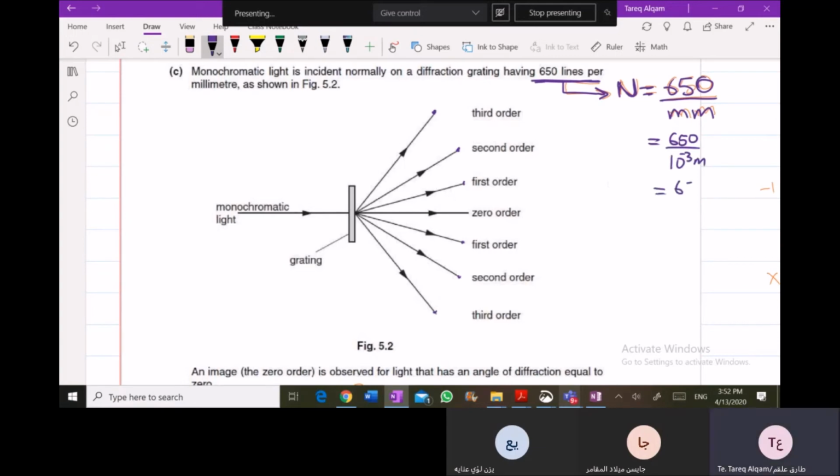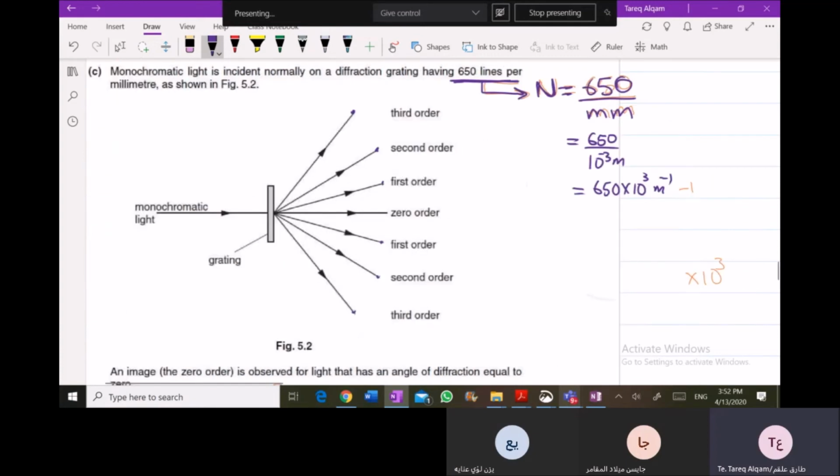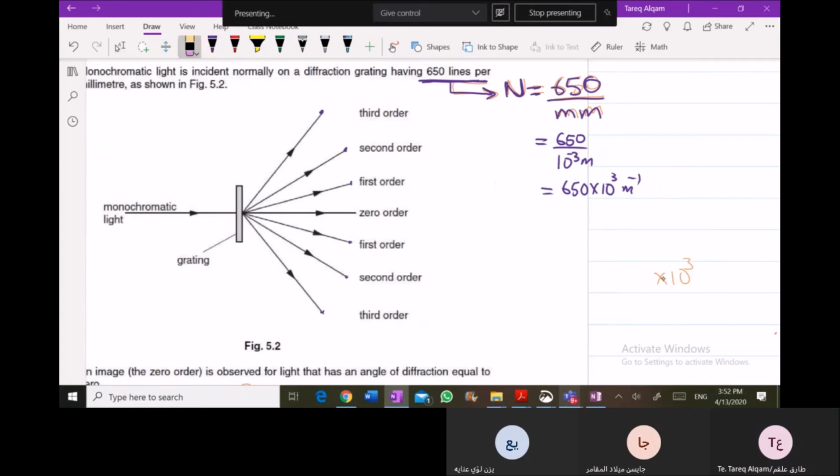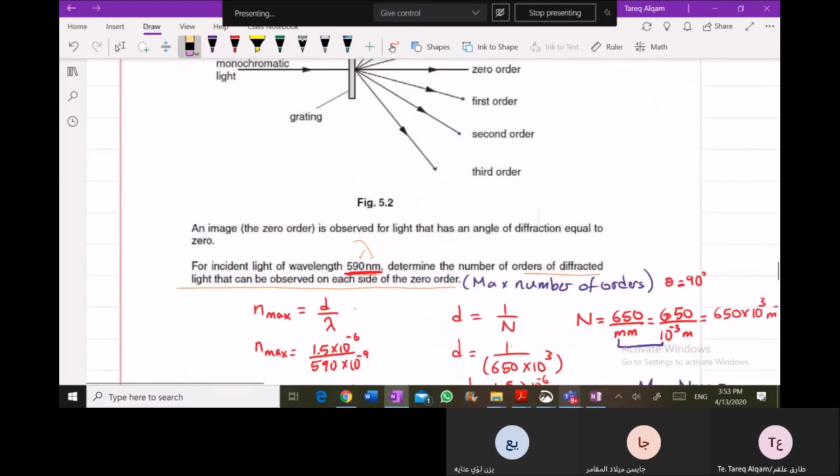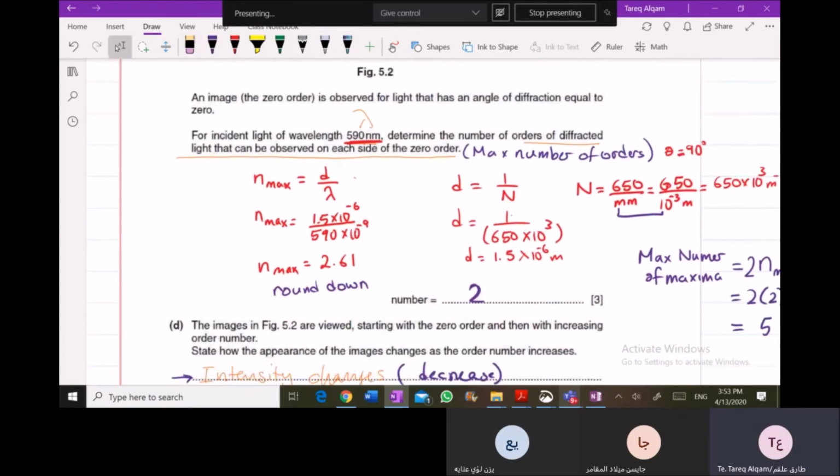So it's 650 times 10 to the power 3 meter to the power minus 1. I think you are familiar with these things now. Now the zero order is observed for the light that has angle of diffraction equal to 0, central. They gave me the wavelength, and we need to determine the maximum number of orders.